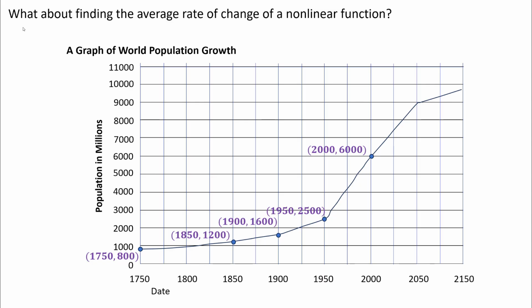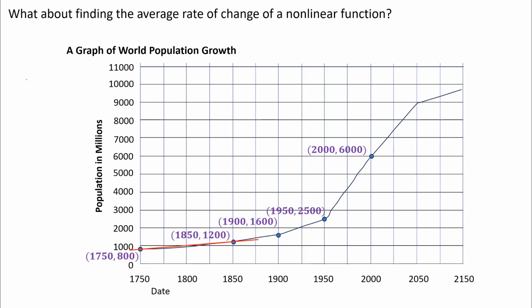And you might want to know, well, what was the average rate of change between 1750 and 1850? And so you would draw a line through those 2 points on the function. Now that line is not exactly the function because the function is curved, but it will give you the average rate of change if you find the slope of that particular line.